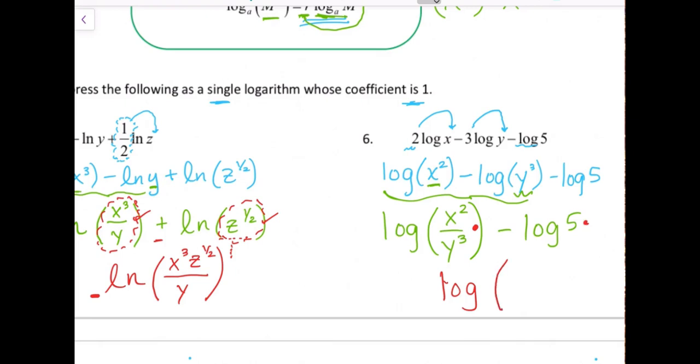So when I do that, I'm going to end up with x squared over, and since I'm dividing by this, I don't want to create an ugly argument that looks like this. I don't want to create a complex fraction. What I want to do is think about what this would look like if you performed the division. If I take x squared over y cubed and divide by 5, that means I'm taking x squared over y cubed and multiplying by 1/5.